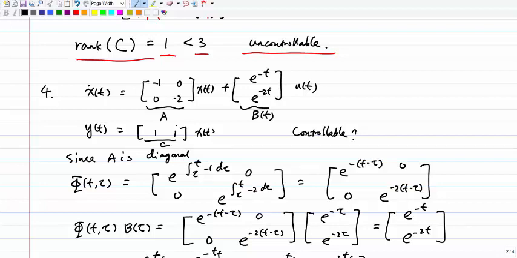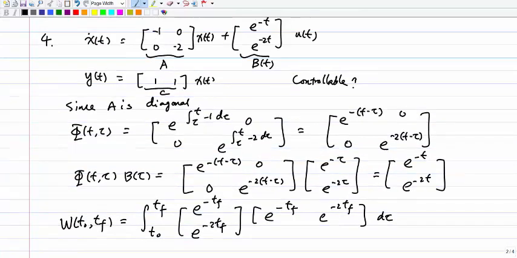Okay. So for this system, we only have one approach to verify the controllability, which is computed by this W(t0, tf). I will go step by step to tell you how we build this W matrix.